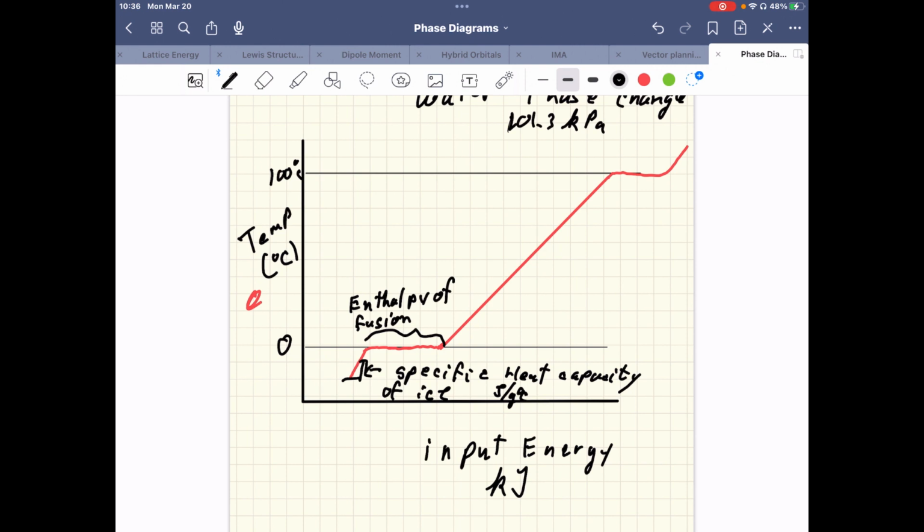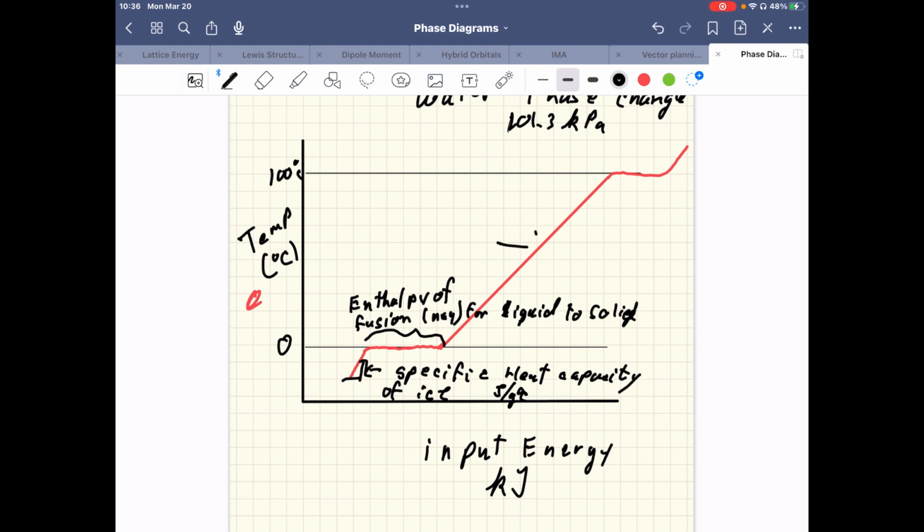So it's actually kind of the opposite direction of fusion. Typically, you would have a negative here. But of course, if I'm going from solid to liquid, that's input energy. That's going to be a positive. So it's negative if you're going from liquid to solid because you're forming stronger bonds and that's releasing energy.